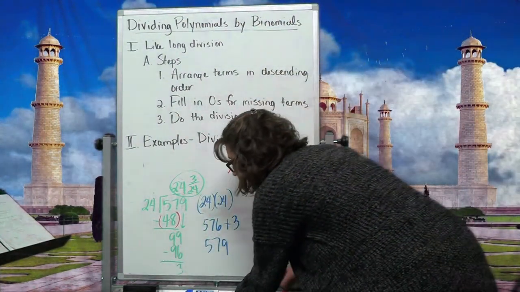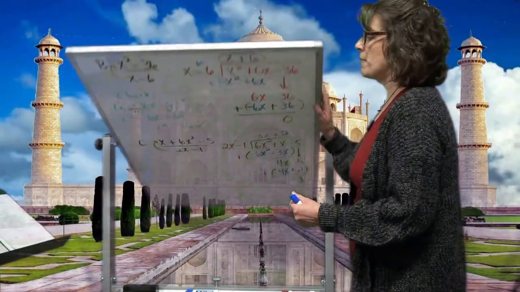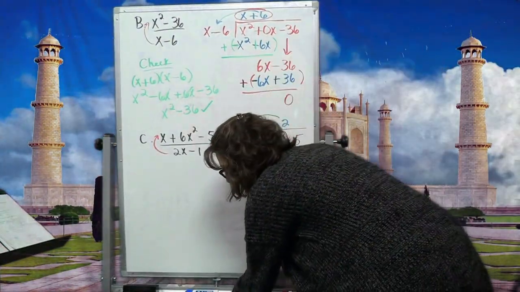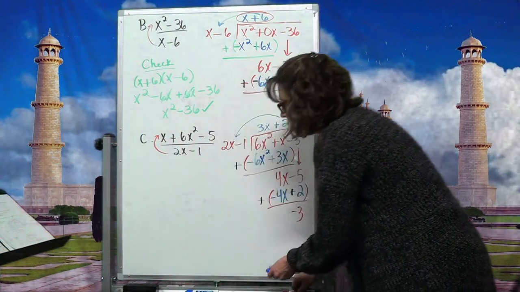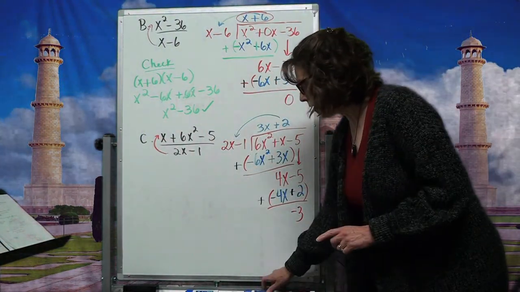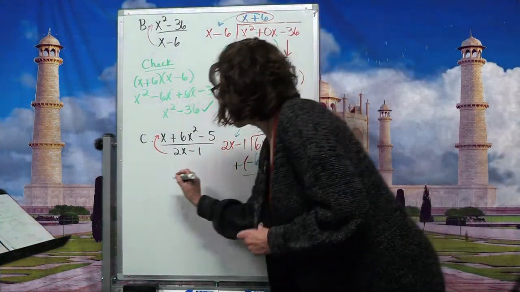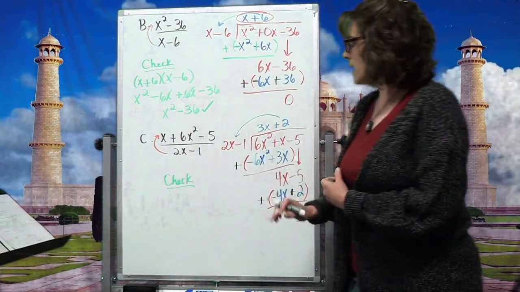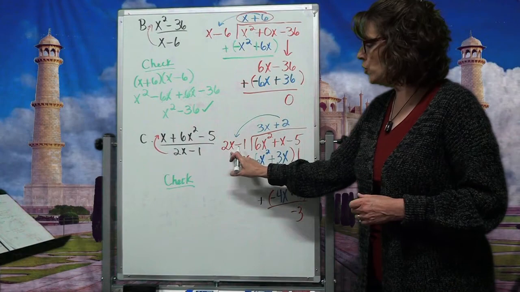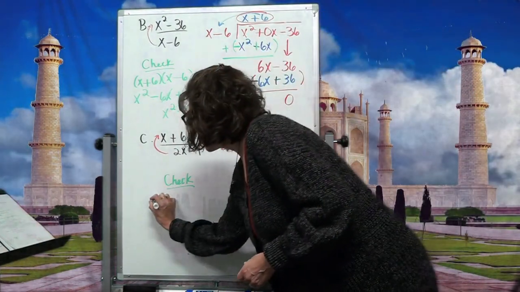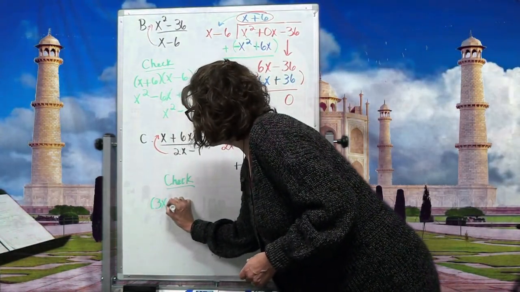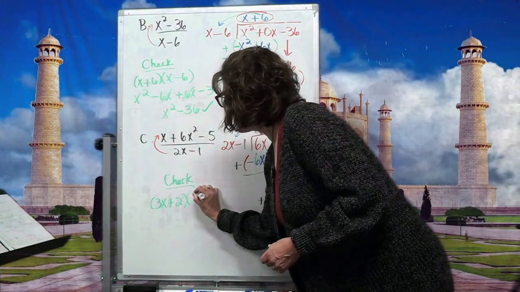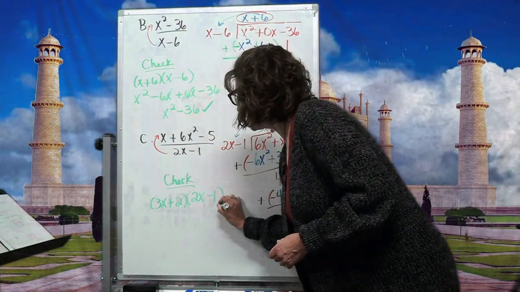So if that's the case, let's take a look at this problem that we had where we ended up with that remainder. And we just said, okay, in order to check this, let's write our check up here. We said multiply our quotient by our divisor, my 3x plus 2, multiplied by my divisor, 2x minus 1.